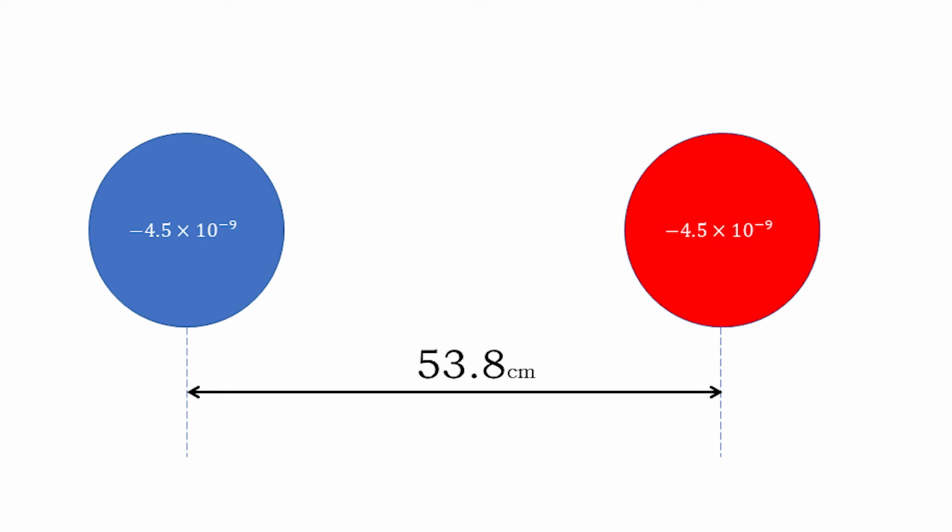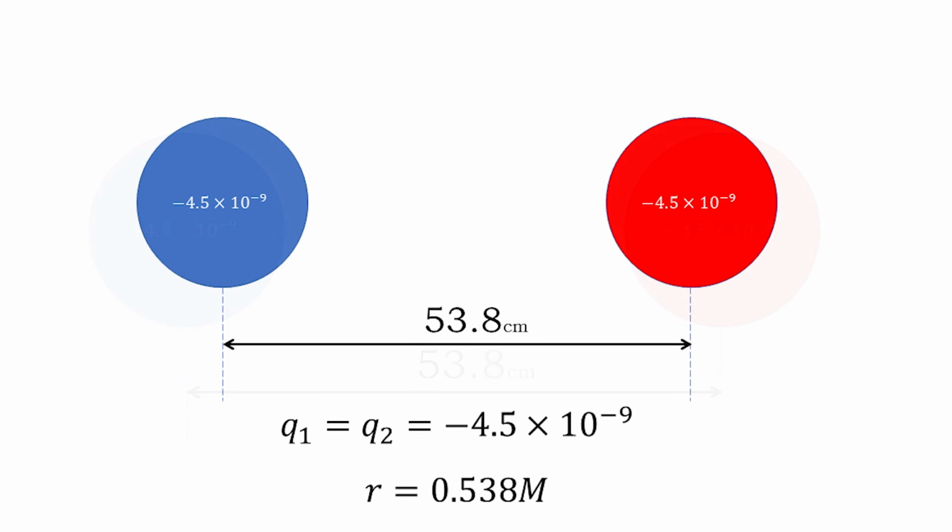Question. 2 point charges are charged with identical charge of minus 4.5 times 10 to the power of minus 9 Coulomb each. The charges are located at a distance of 53.8 centimeters apart from each other. What is the size of the repelling force between them? Answer. According to the given data in the question, Q1 equals Q2 equals minus 4.5 times 10 to the power of minus 9 Coulomb, and R is equal to 53.8 centimeters, which is 0.538 meters.